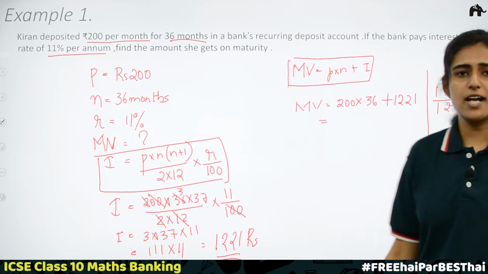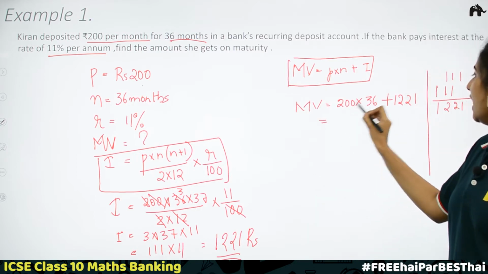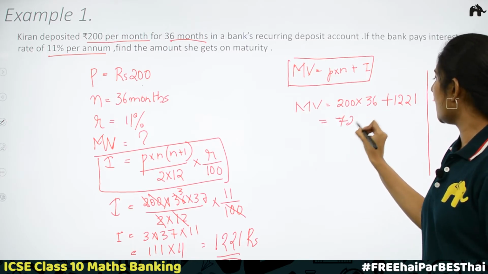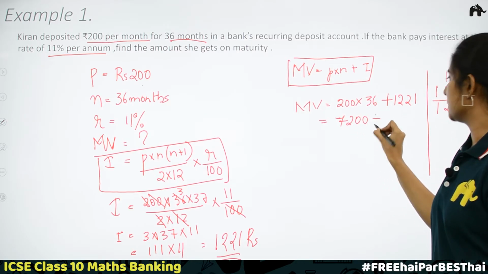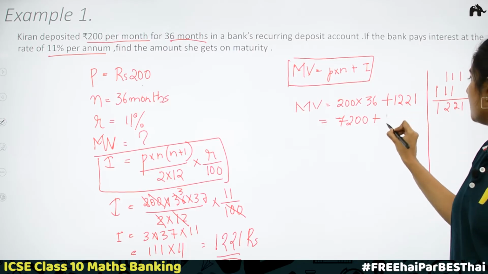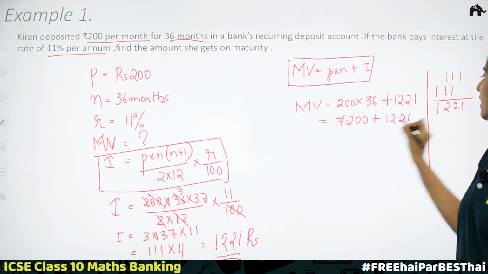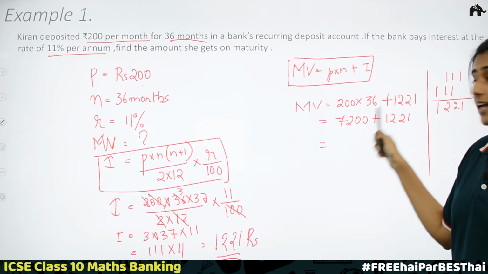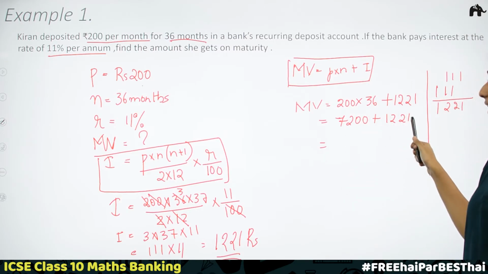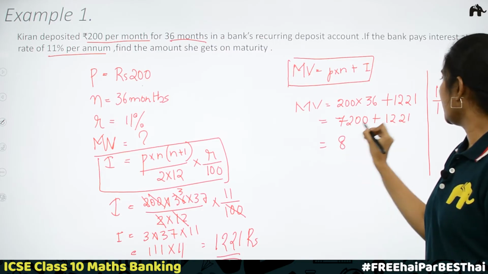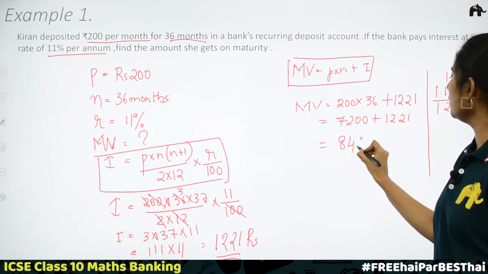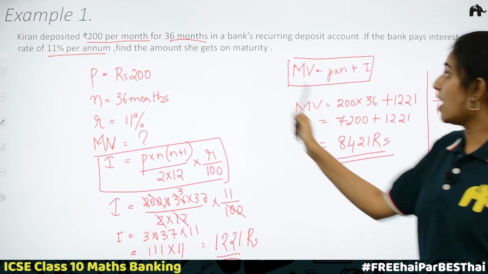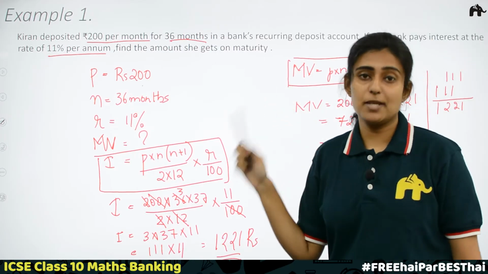Just the calculation part is remaining. 200 into 36, you will be getting 7,200 plus interest amount, that is 1,221, is equal to adding 7,200 and 1,221. You will be getting 8,421 rupees. This is the amount she gets on maturity. That is a maturity value.